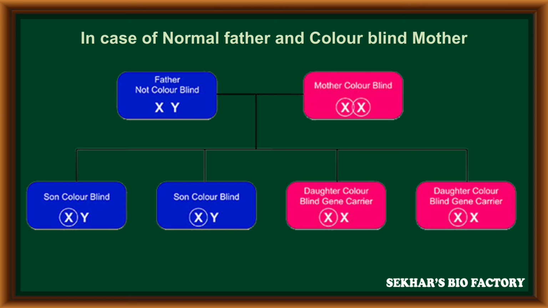And the daughter, by receiving one defective allele from the mother, acts as a carrier, and one more daughter also, by receiving the defective allele on the X chromosome, acts as a carrier. So in such condition, all sons are affected and all daughters act as carriers in a cross between a normal father and colorblind mother. That is the inheritance pattern of color blindness.